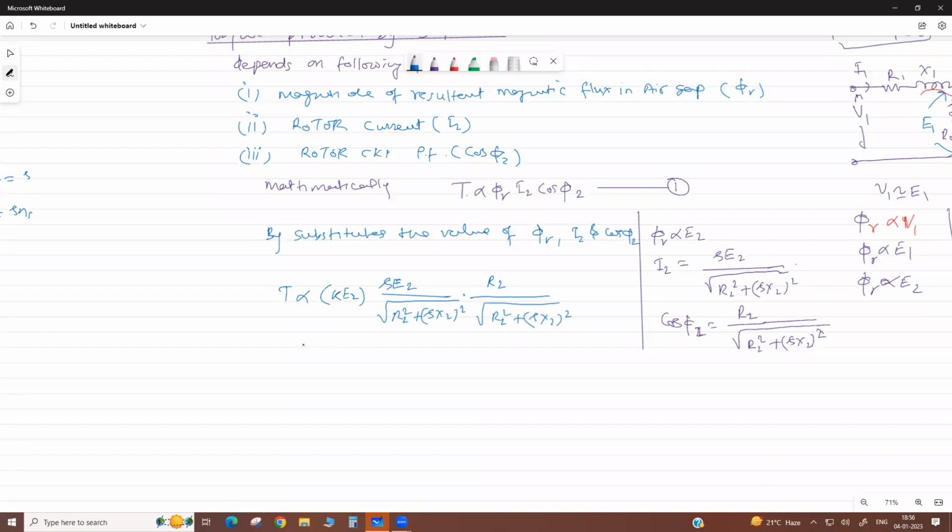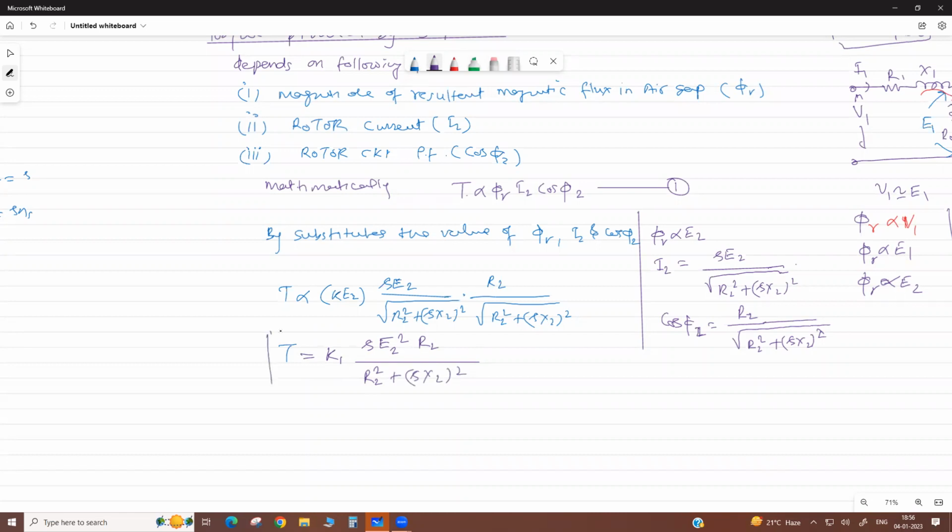Now when we multiply this, the overall proportionality coefficient will be K1, so T equals K1, slip times E2 square R2 as the numerator, and in the denominator R2 square plus sX2 whole square.